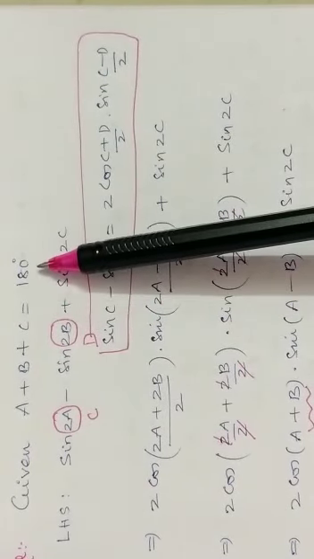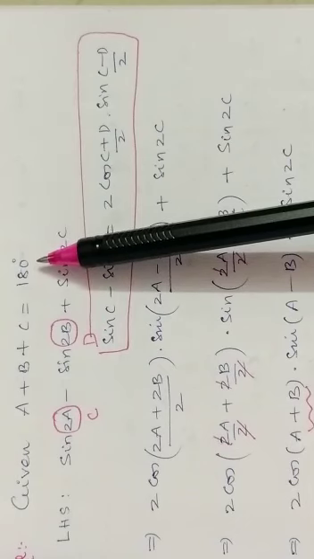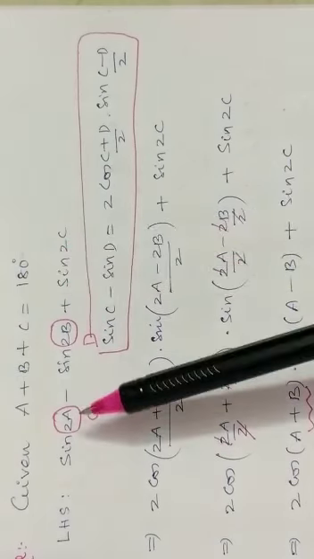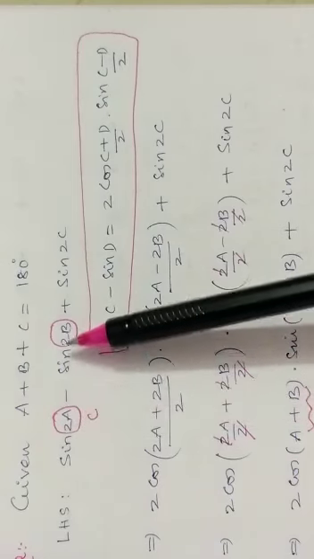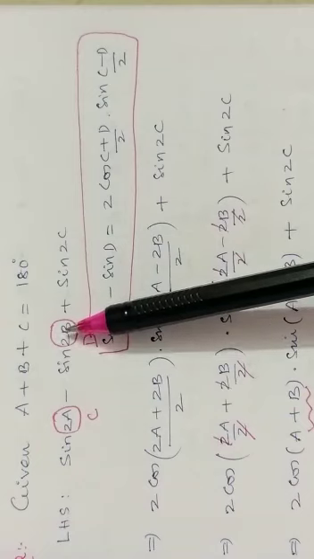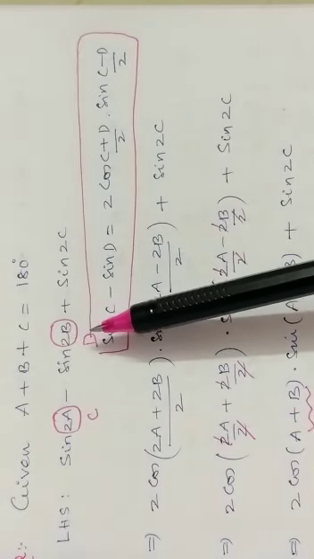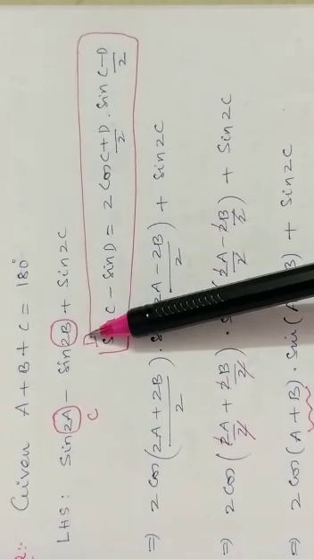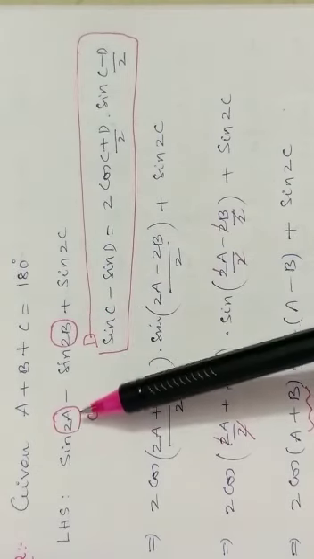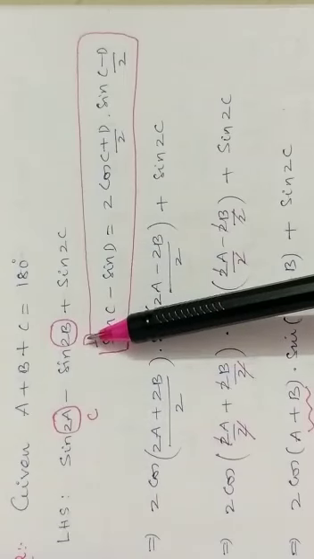You have to use this two times in all the problems. First of all, take LHS and treat 2a as c, and in the second part, treat 2b as d. So sin c minus sin d.